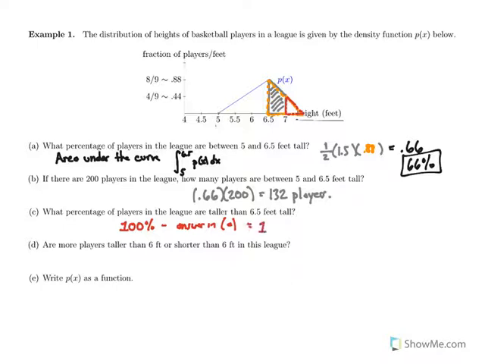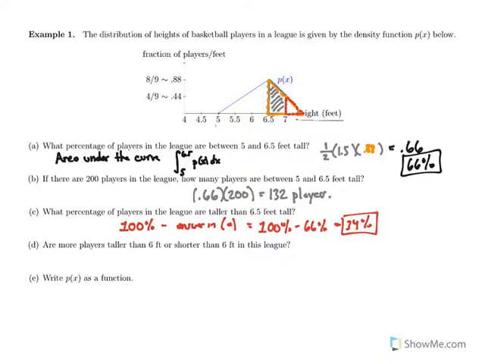This is going to be 100% minus 66%. This is going to be about 34%, or 1/3 is what we're really going to be getting there. And you can find that value by finding the area specifically, but they really should match up. I think if you do find the area, you'll get a 0.33. And the reason it's not exact is because we're using an approximation on the y-axis there to start with, but it's about 2/3 and 1/3.